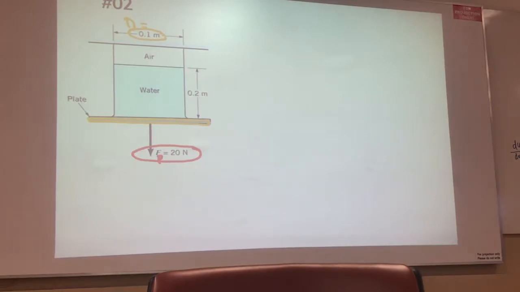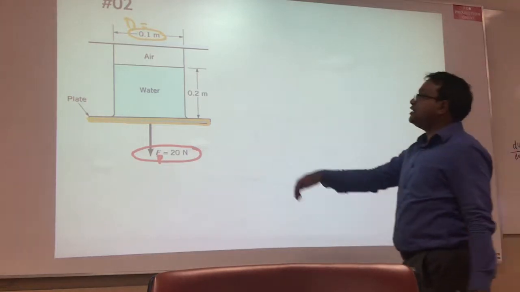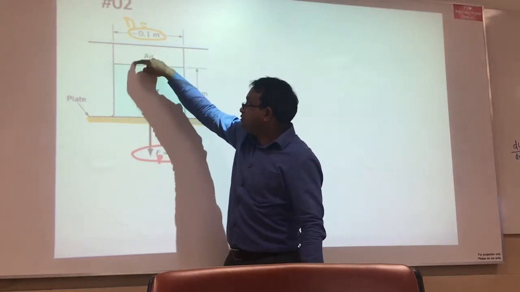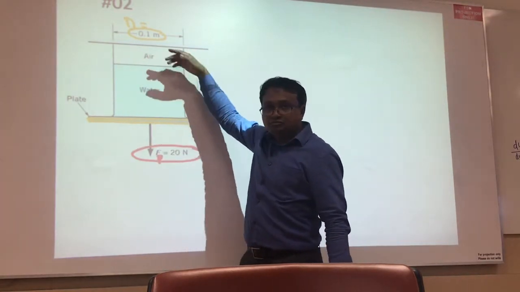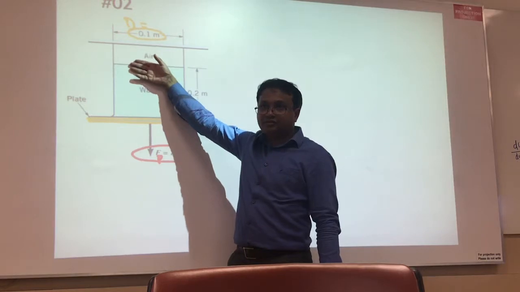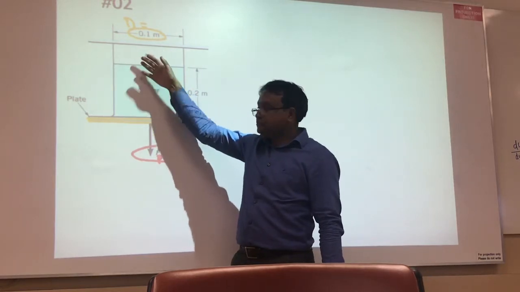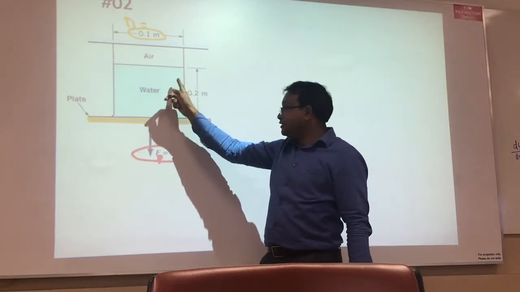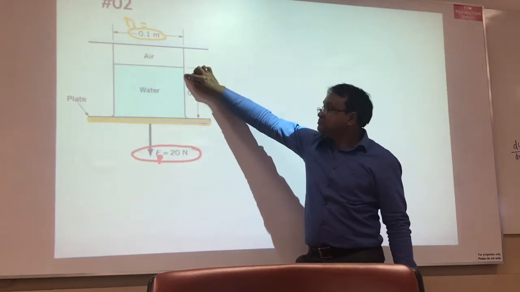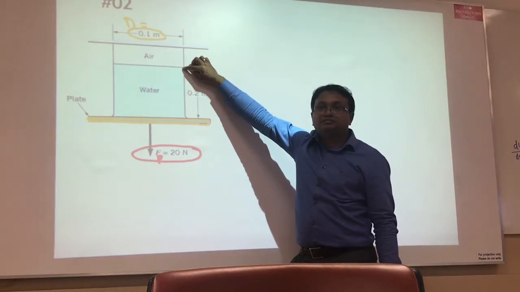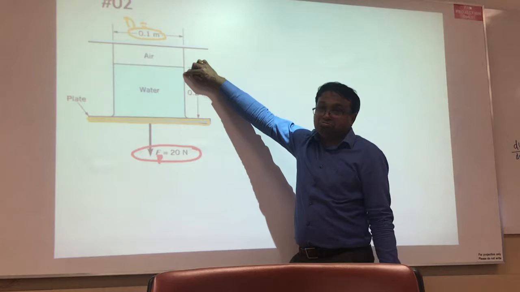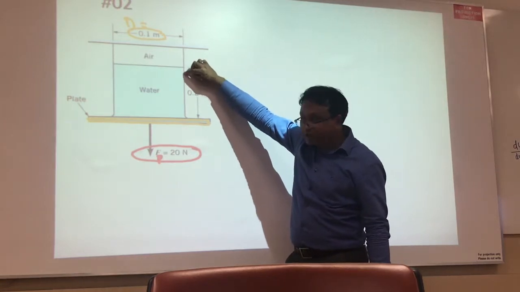So what do you understand from here? Here is air pressure, acting on the surface of the water at the same pressure. The water pressure varies.